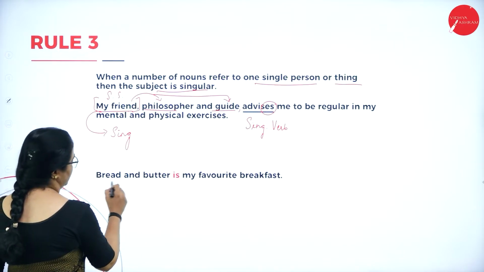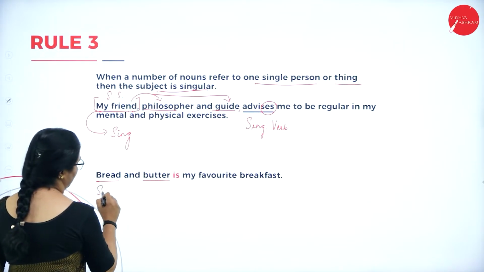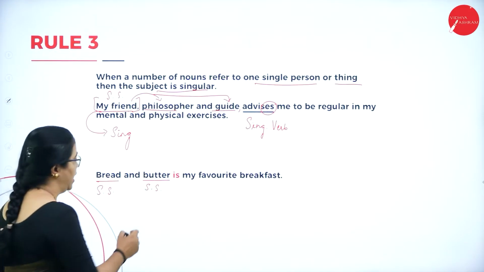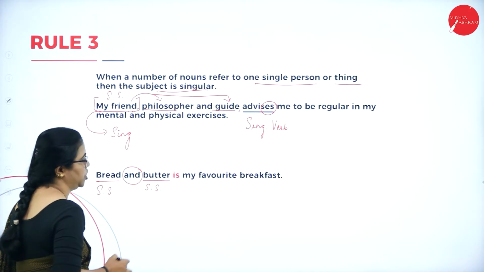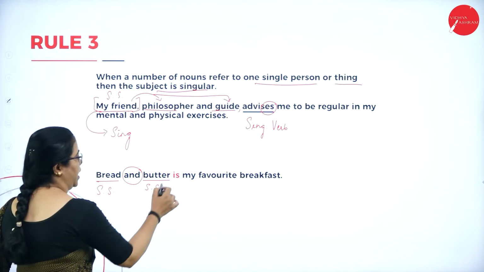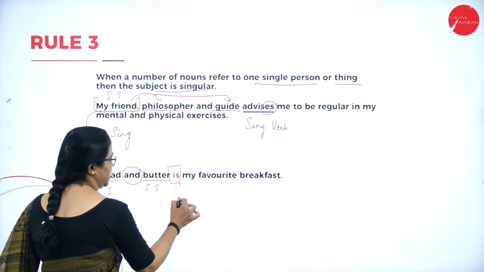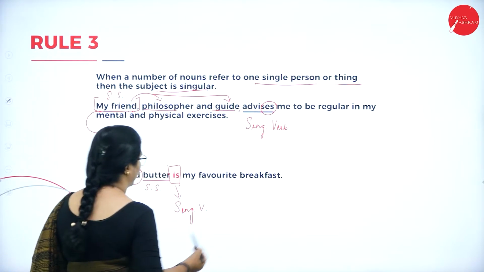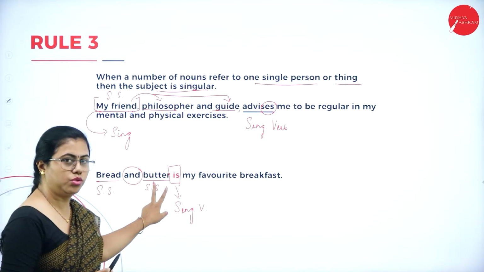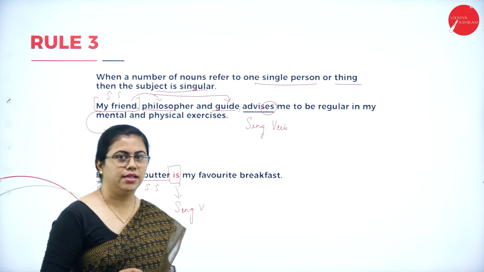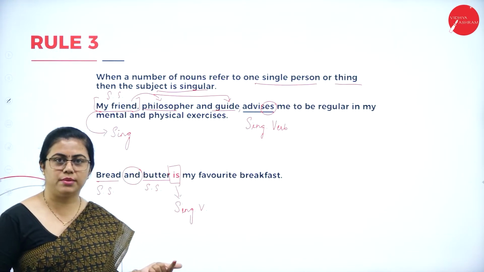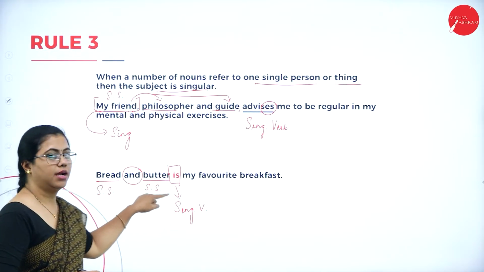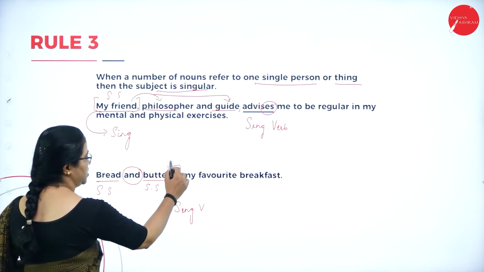Here you can see this, they both are singular subjects, and again they are joined by this conjunction and. But still I have used is, that is a singular verb only. Why is it? Though there are two singular subjects joined by and, they should have become a plural subject according to rule number 2. But here it is a singular subject because I have used a singular verb.